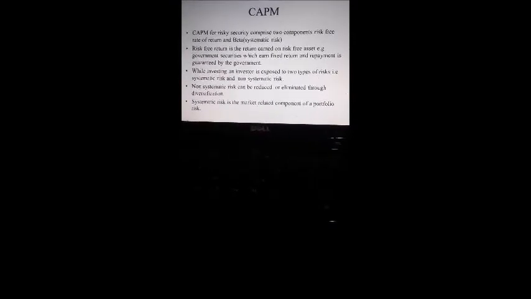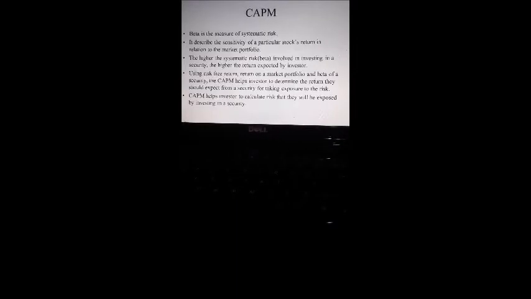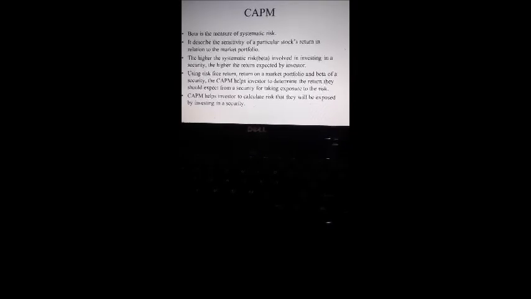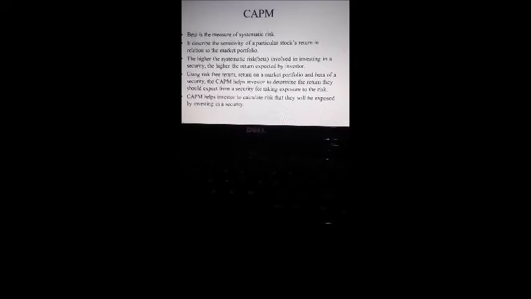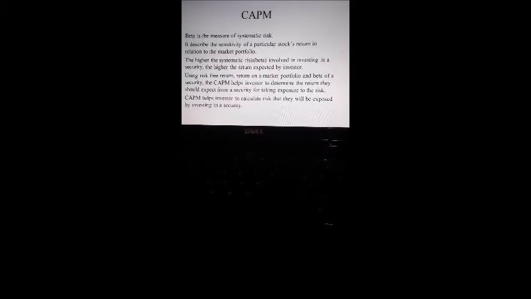This cannot be minimized or reduced by developing a portfolio of assets. The systematic risk is measured by the beta coefficient, which describes the sensitivity of a particular investment's returns in relation to the market portfolio.